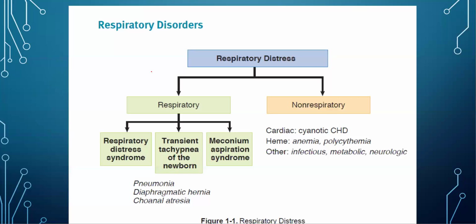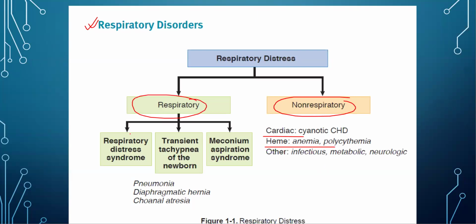First of all, we're starting with respiratory distress in a newborn. This is from Kaplan Step 2 CK. What are the main causes of respiratory distress in a newborn? It could be respiratory-related, or non-respiratory. Non-respiratory are mainly cardiac, or could be related to hematology.